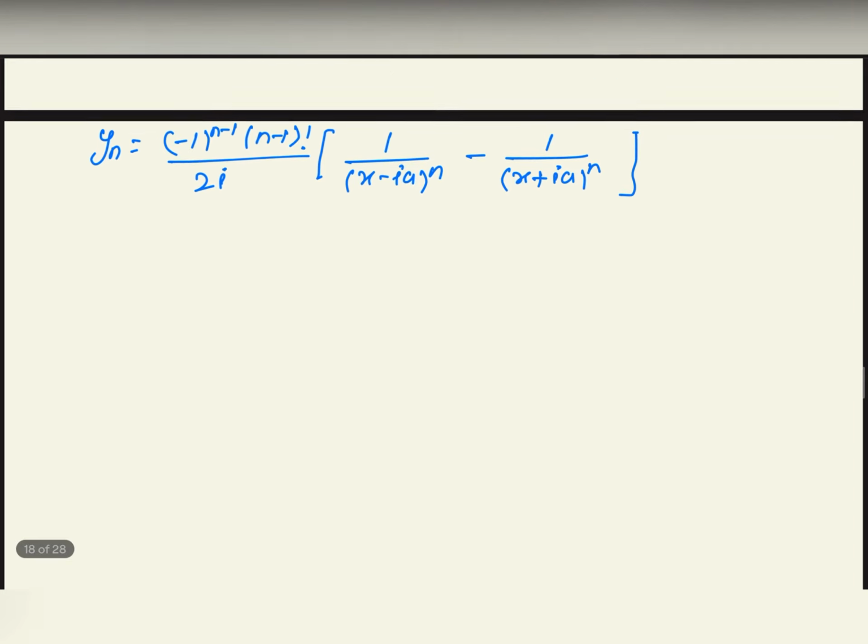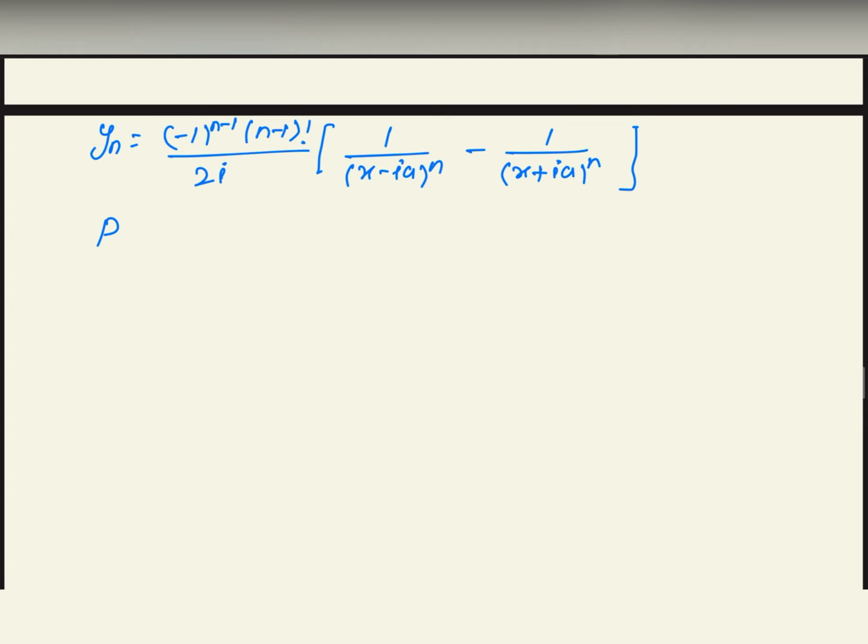As we assumed in the previous question, putting x is equal to r cos theta and a is equal to r sin theta.